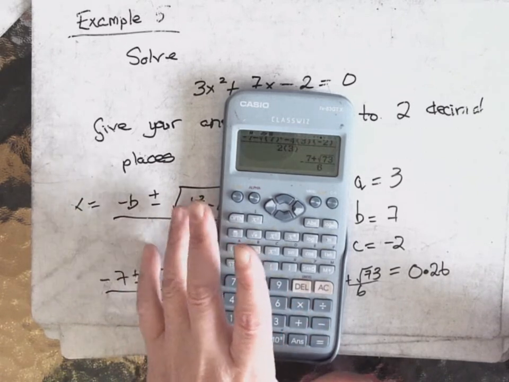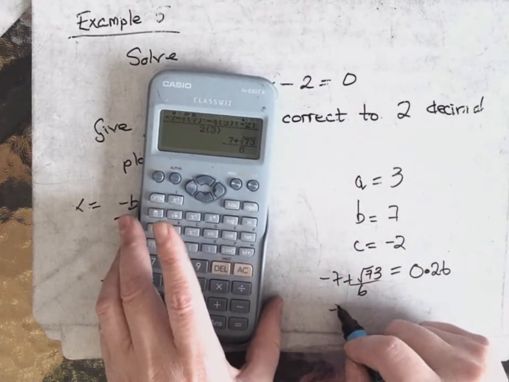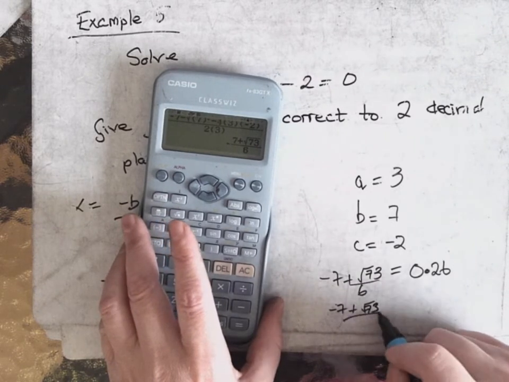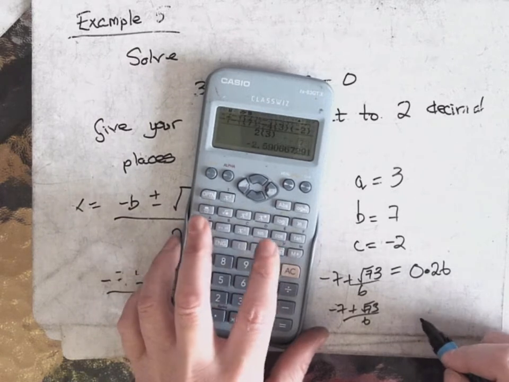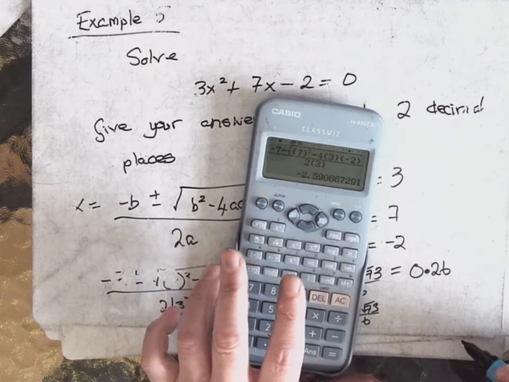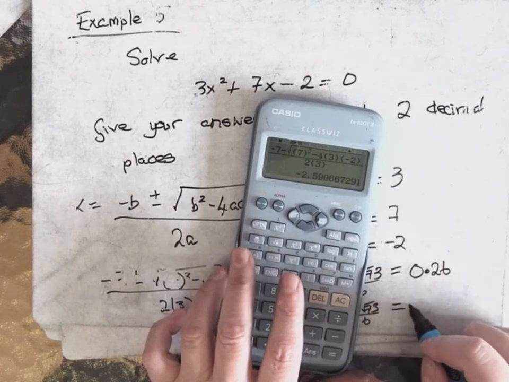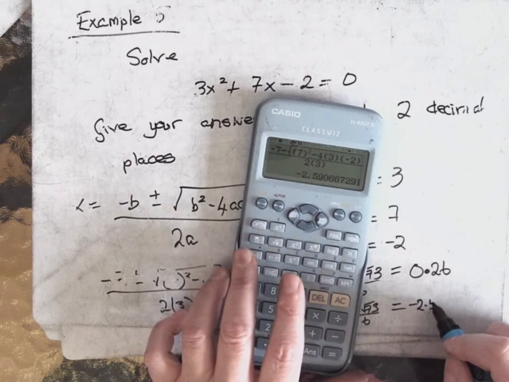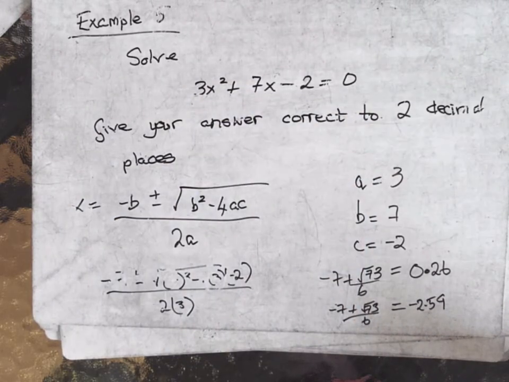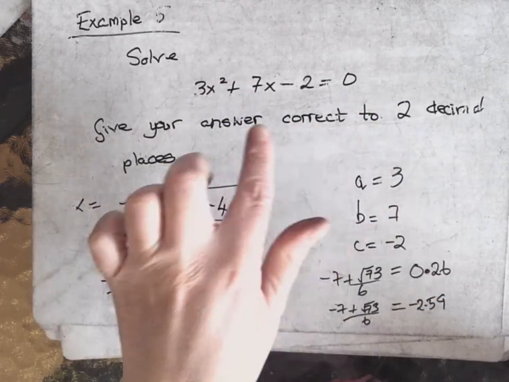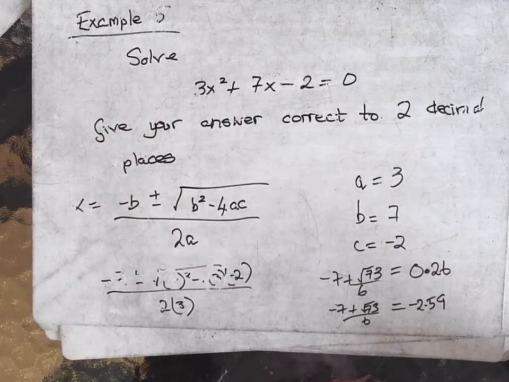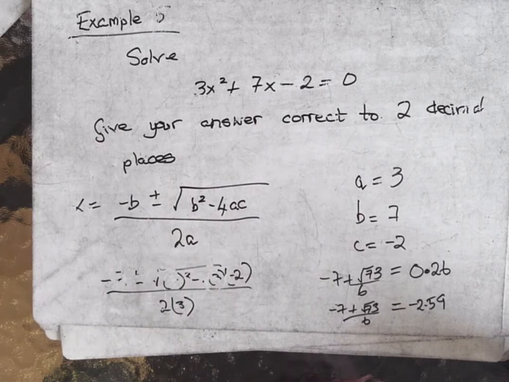Press equals, and again it will give you surd form, but you press S to D and it will give it to you as a decimal, and you round it to 2 decimal places, so that's minus 2.59. Okay, so that's the minus b formula. You know to use it because they say solve correct to 2 decimal places, or they'll say solve and give your answer in surd form.